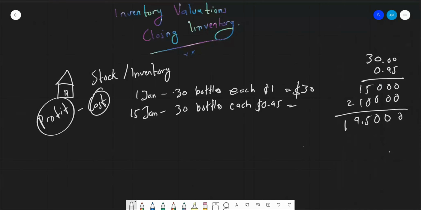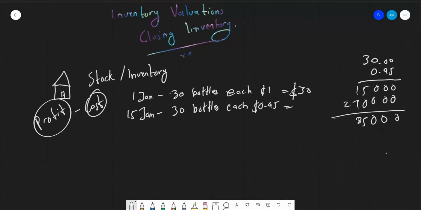No, it's not 21, it's 27. Okay. My brain cells are dead. So that would be 8, and there you go. And so it would be 28.5, right?